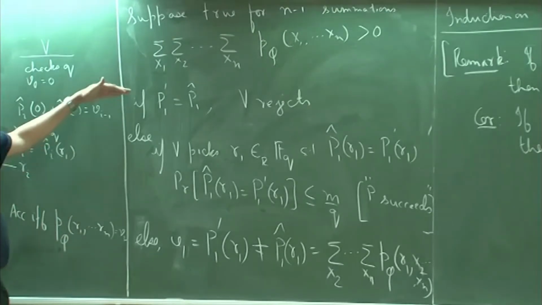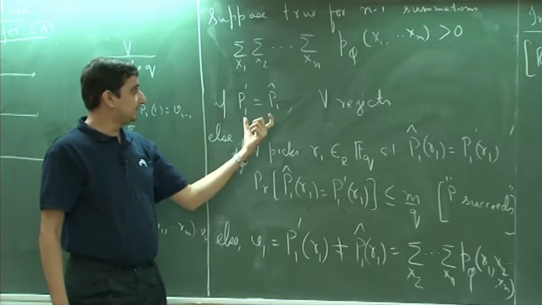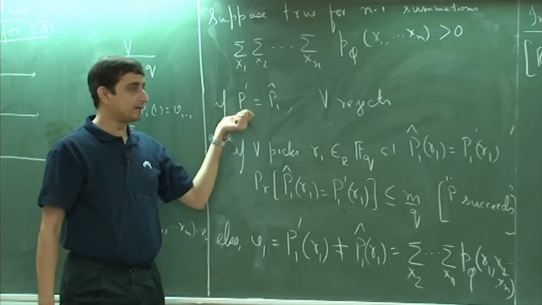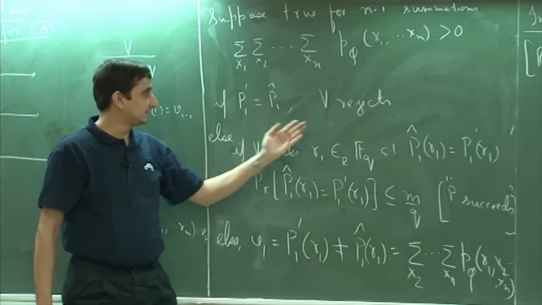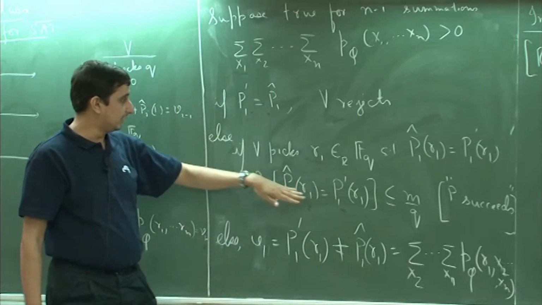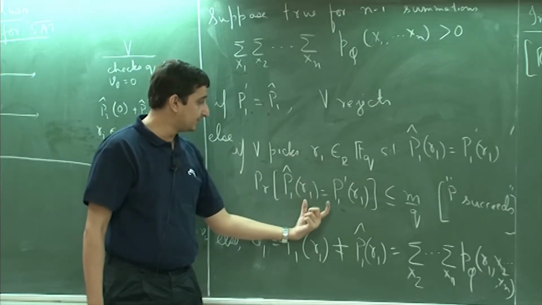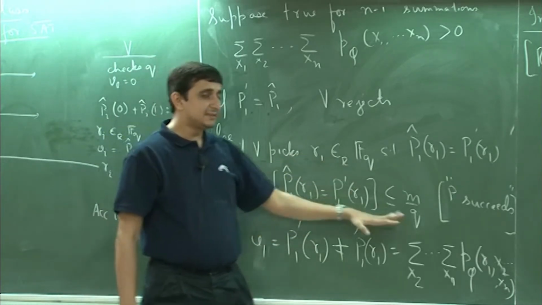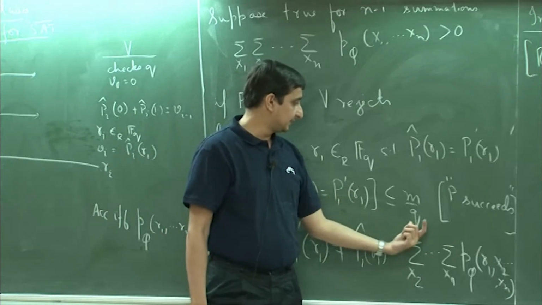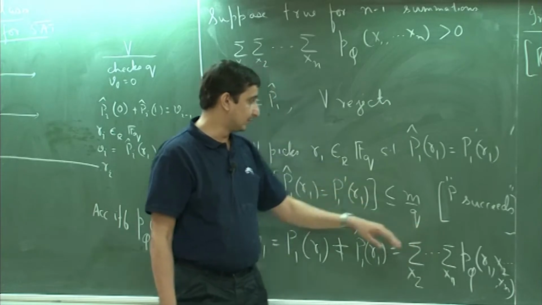Okay. So, let us again go through this case by case. If the polynomial that the prover picks is equal to P1 hat, then the verifier immediately rejects. If he picks a polynomial that is not equal, but the verifier picks a point on which the polynomials agree, then the prover succeeds, and the probability of that happening is so much.